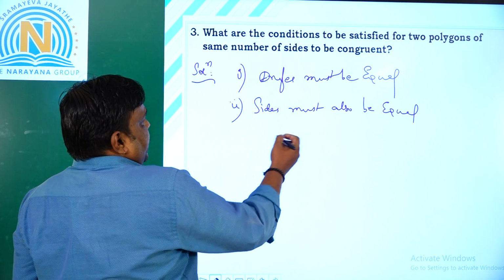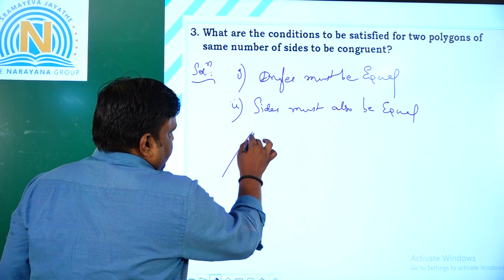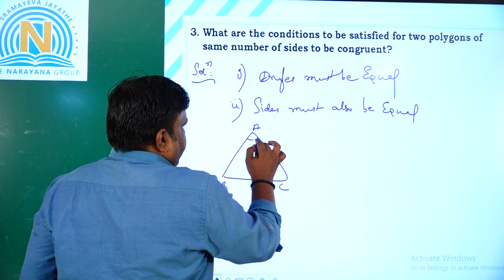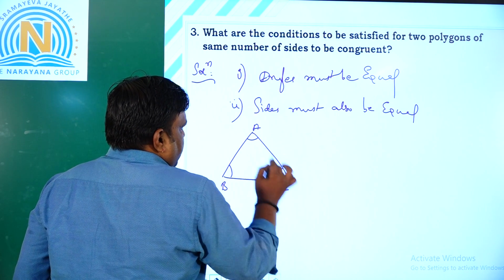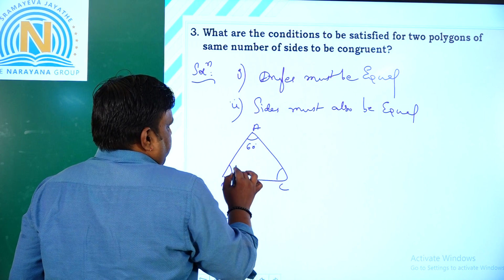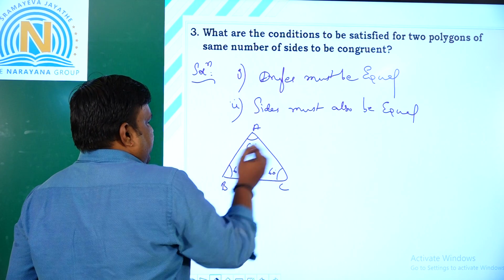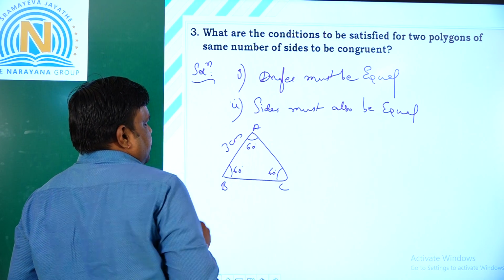Let us suppose I take an equilateral triangle ABC of 60 degrees. We know that each angle will be 60 here. Let us suppose it is an equilateral triangle of 3 centimeters.